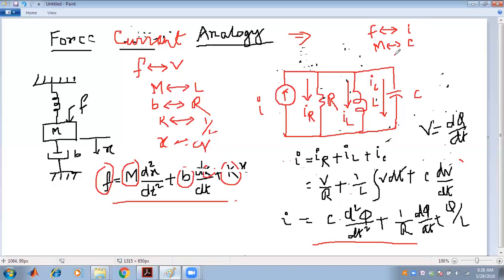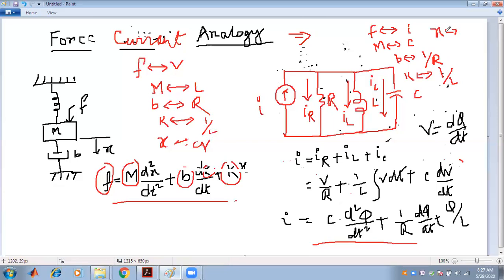B is equivalent to 1 by R of the resistance. K is equivalent to 1 by L. And the last and the final is that x is equivalent to phi.